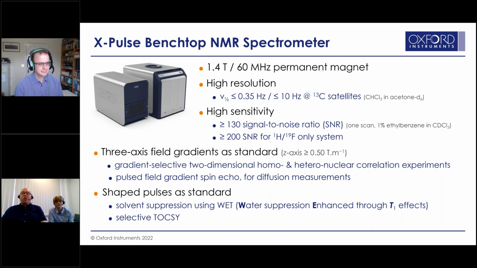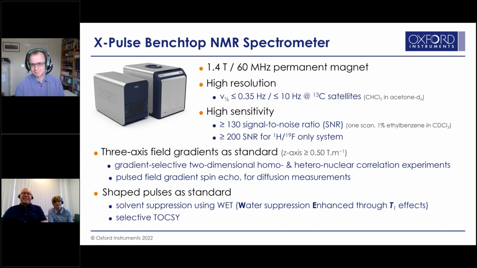It depends on how long you are willing to run your typical experiments. So let's say we go for a proton experiment with around 16 scans, which is generally fairly standard, not just at benchtop, but up to high field.